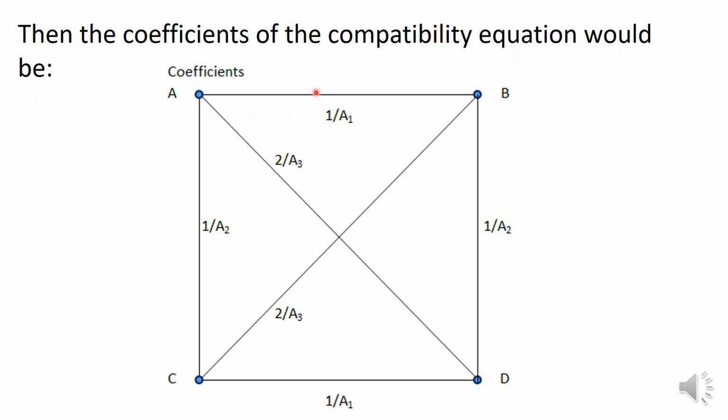Remember, it's the relative length divided by the cross-sectional area. So the coefficient would be 1 over A1 here, 1 over A1, 1 over A2 here, 1 over A2, 2 over A3 on each diagonal. So these would be the coefficients, and then we use these coefficients together with the superposed forces to get our compatibility equation.